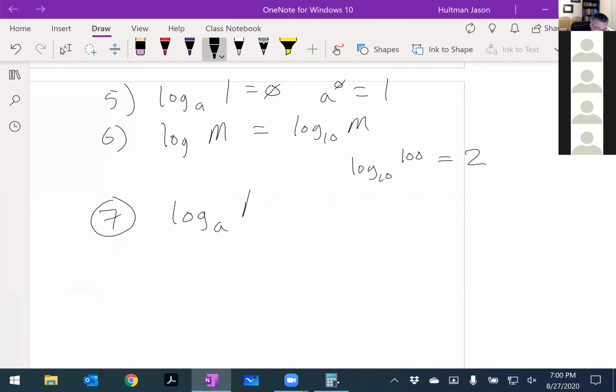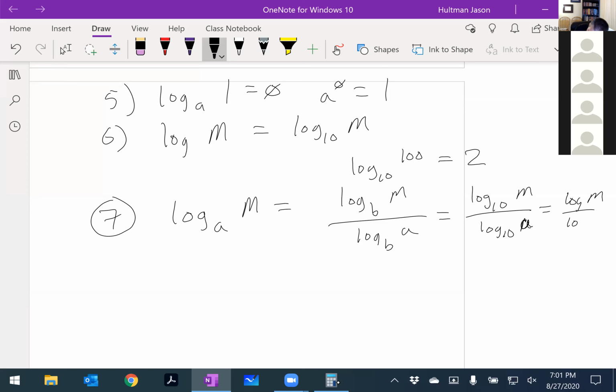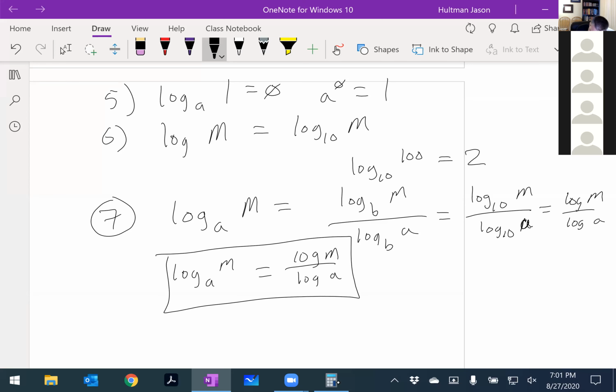Log base A of M is equal to log base B of M over log base B of A. Normally on the calculator, we'll say this is log base 10 of M over log base 10 of A, or log M over log A. So log base A of M is equal to the log of M over the log of A. That's called the change of base formula, because we're just changing the base to figure out what this is, and this allows us to use a calculator to get any answer.